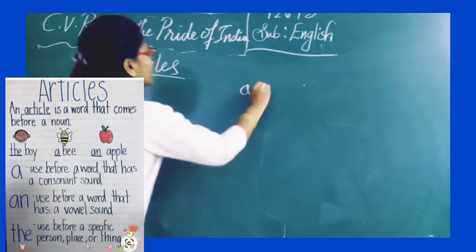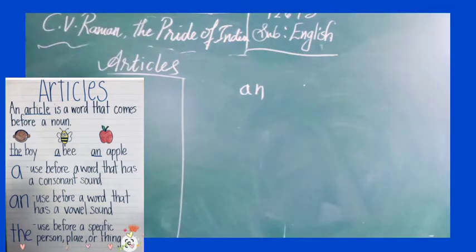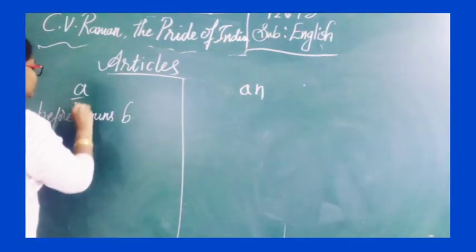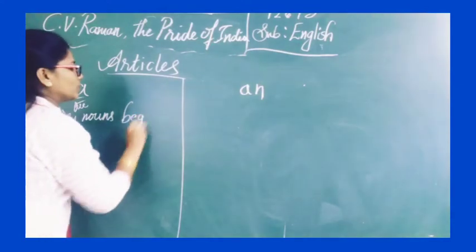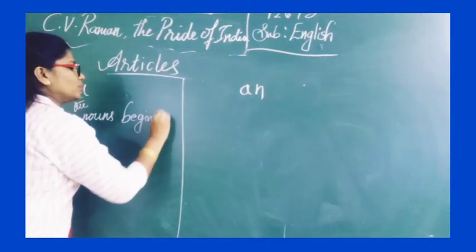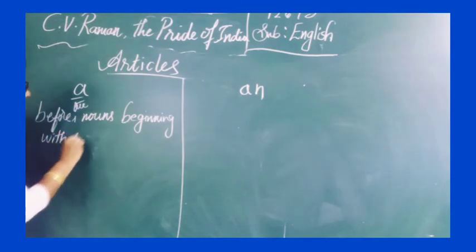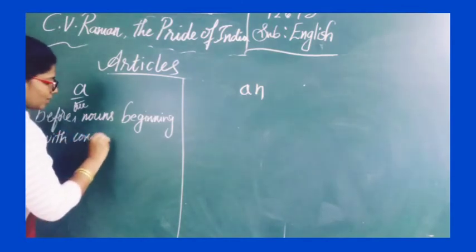Now see, we use the article a before the common nouns beginning with consonant sounds. This you have to remember very well.